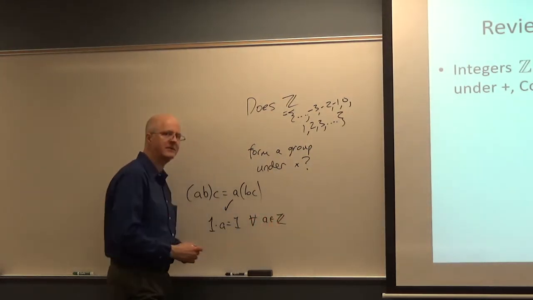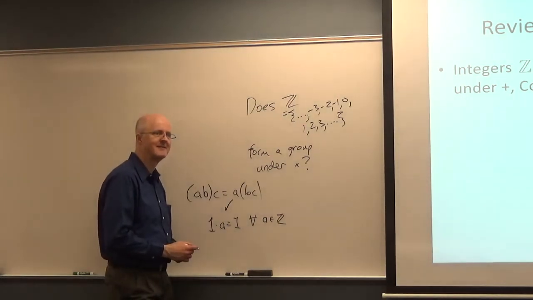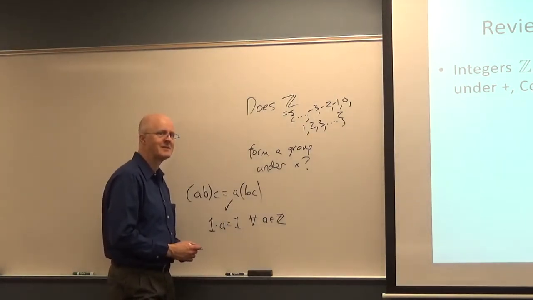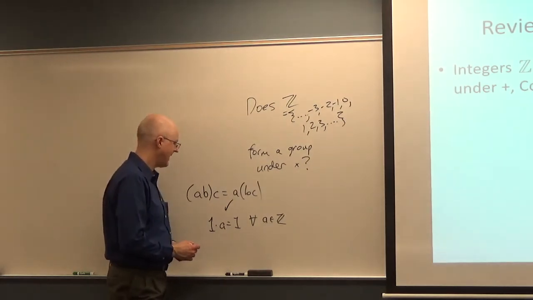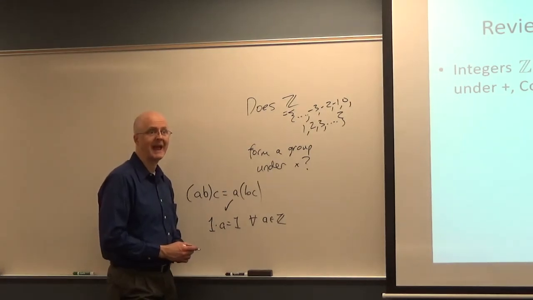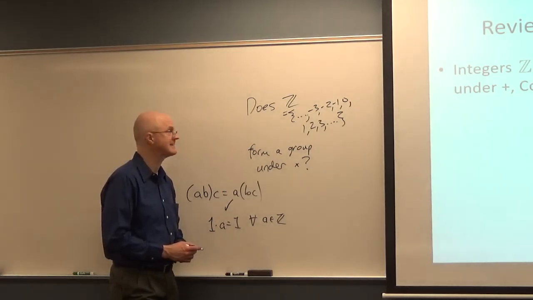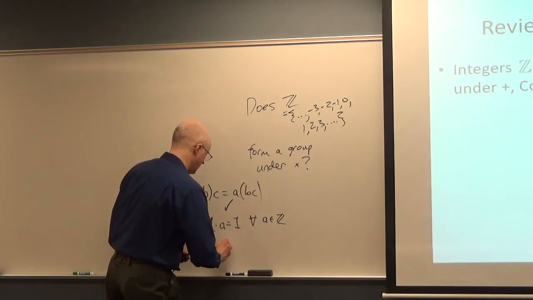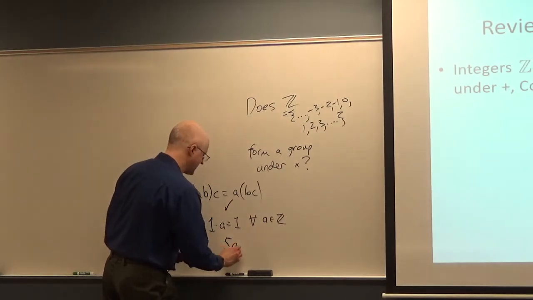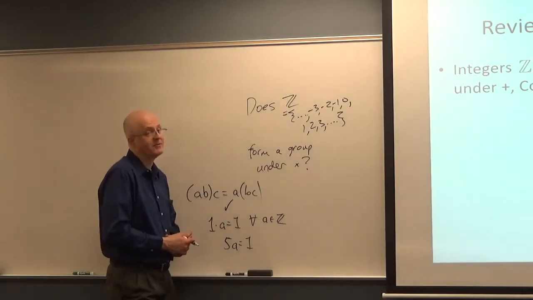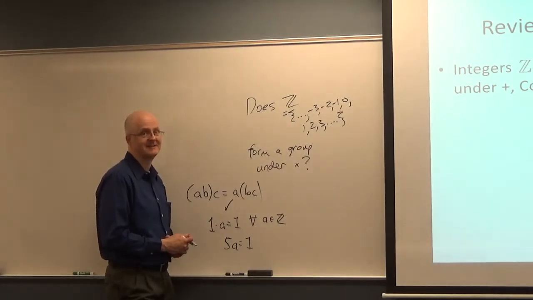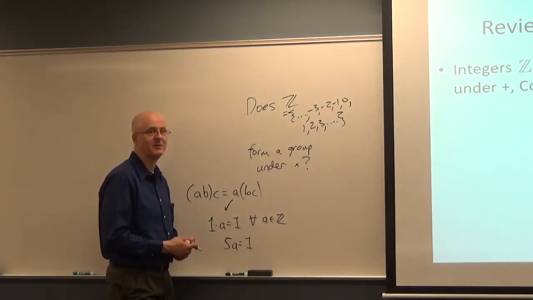How about multiplicative inverses? There we're in trouble. Everything except plus or minus 1 has no multiplicative inverse that's an integer. There is no integer a so that 5a equals 1. Of course, there's a rational 1/5, such that 5 times 1/5 does equal 1.